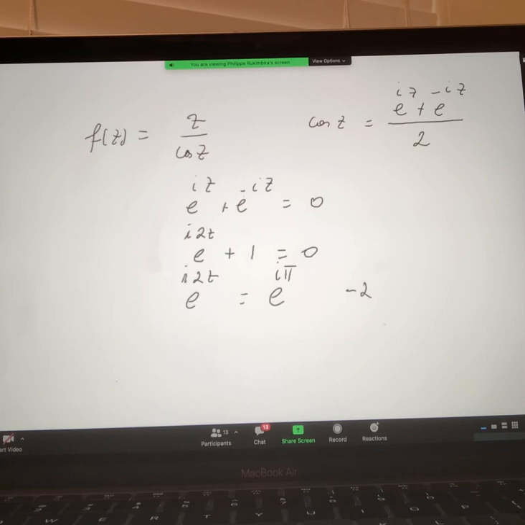That's supposed to be i, sorry. So e to the 2iz should be e to the i pi plus 2k pi i. Each time you exponentiate 2 pi i, you're multiplying by 1.